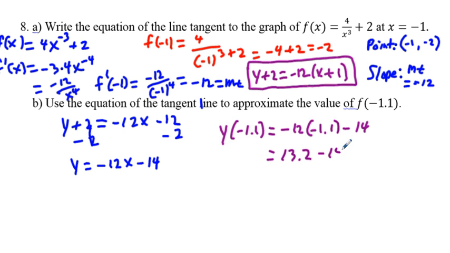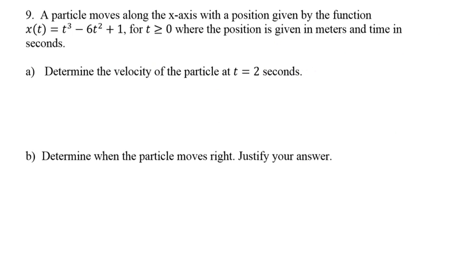And 13.2 minus 14 is equal to negative 0.8. So negative 0.8 should be a correct answer. I think I had Alondra and Elizabeth kind of start this out right and get it wrong in the arithmetic at the end. Okay. Now problem 9.